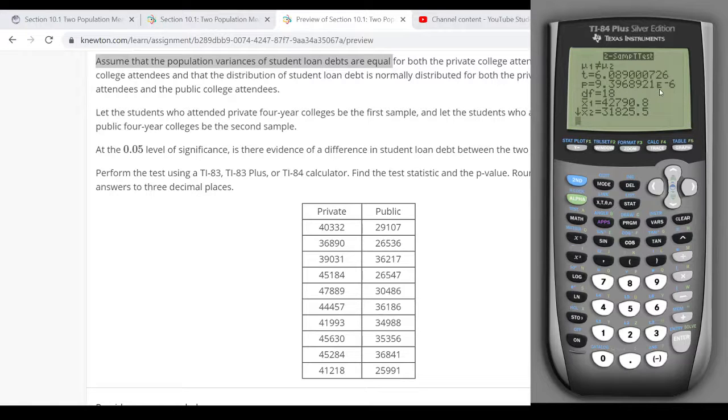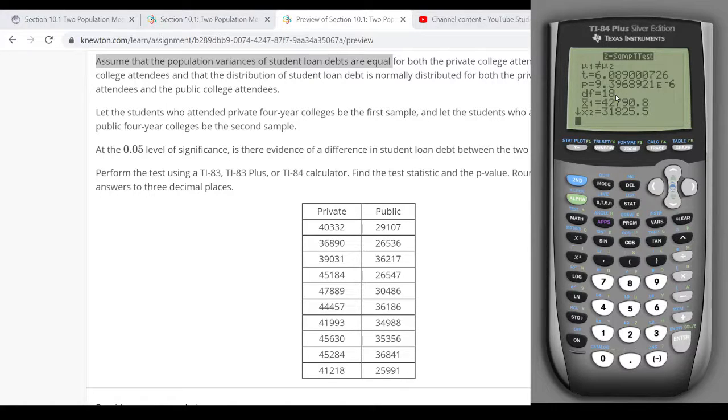See this thing at the end here, the e minus 6? This means times 10 to the negative 6 power, or in other words, move the decimal place to the left 6 places. So move this to the left 6, so the p-value is 0.000000939. It's 5 zeros and then a 9. So it's a very, very small p-value.